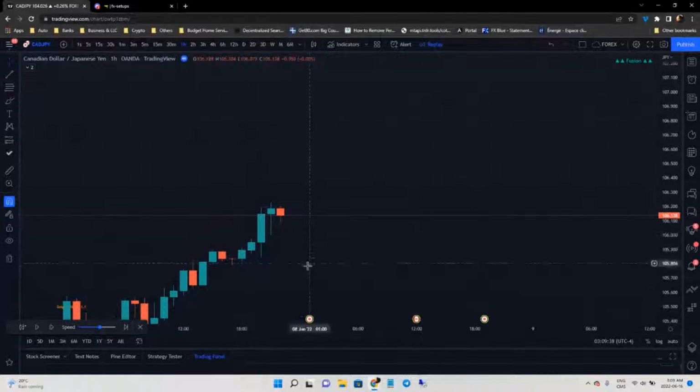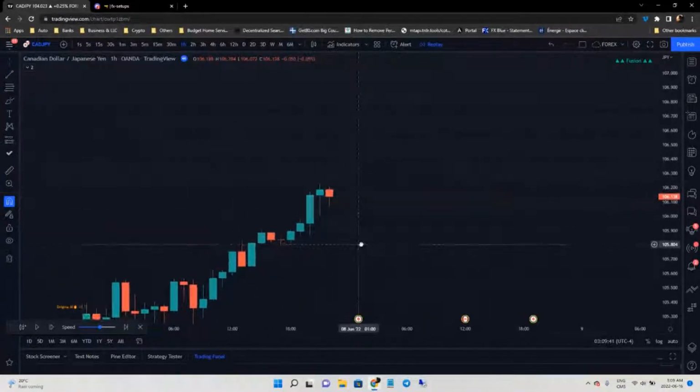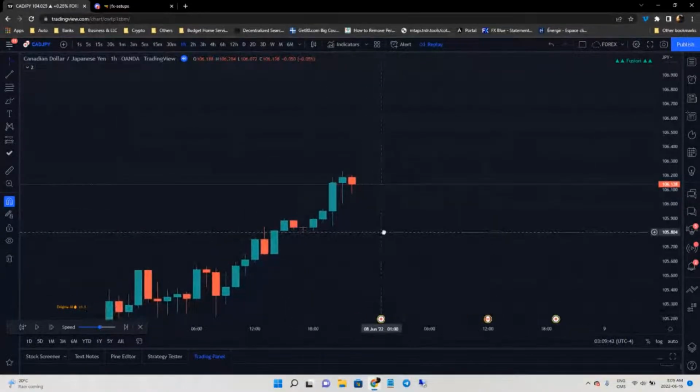Perfect. The Enigma AI system is not an indicator, because everyone thinks it's an indicator. It's a trade idea indicator. So you have to take into account where we are in the market, if it makes sense to take it, and market structure.